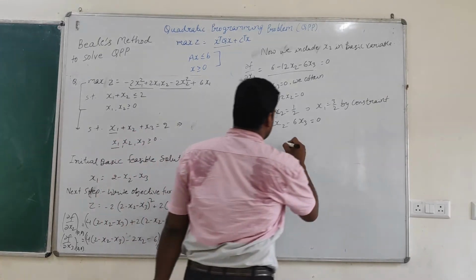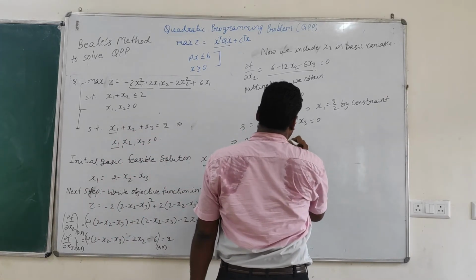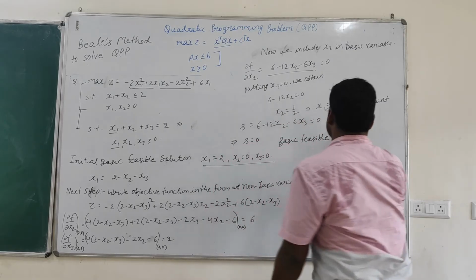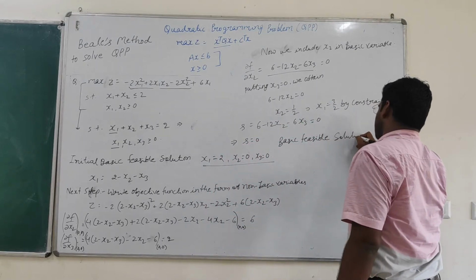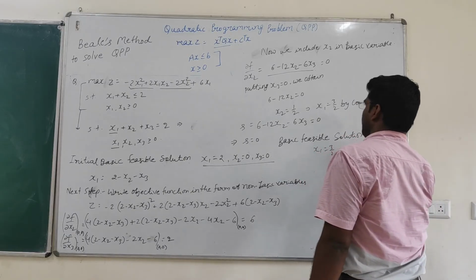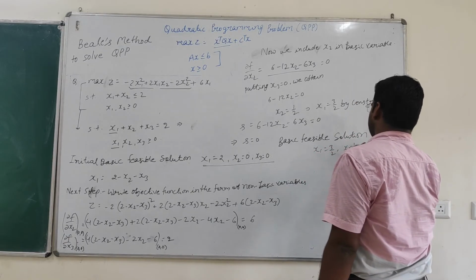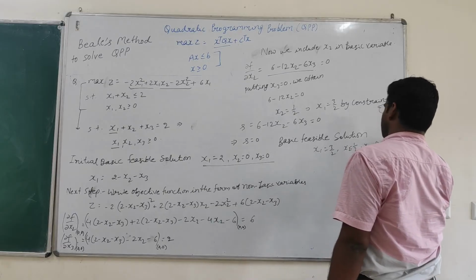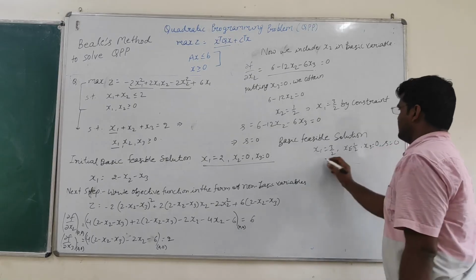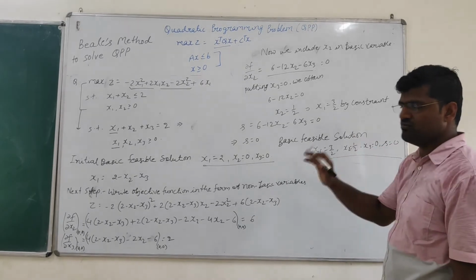Okay. So what is my solution? Basic feasible solution: x1 is 3 by 2, x2 is 1 by 2, x3 is 0 and S is 0. So this is my basic feasible solution and I have two constraints.